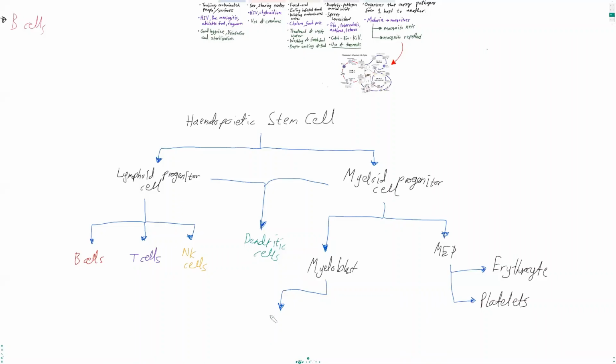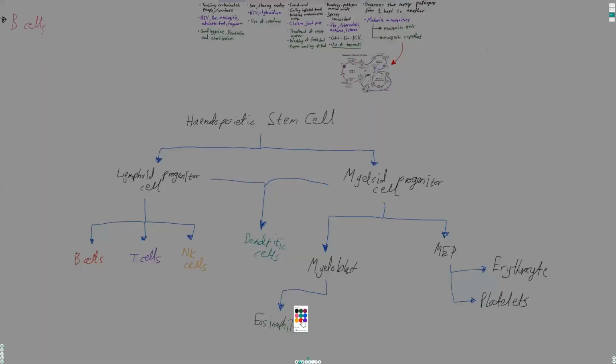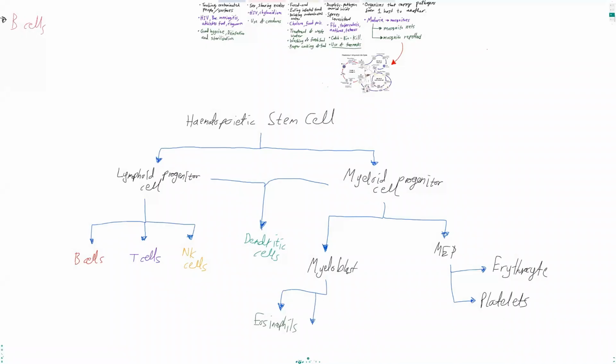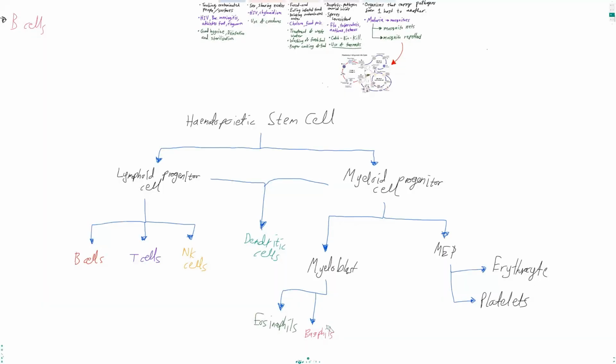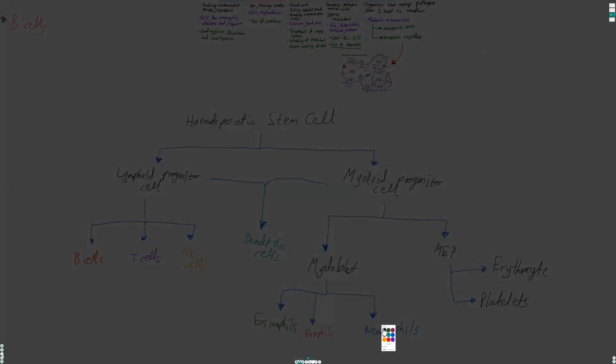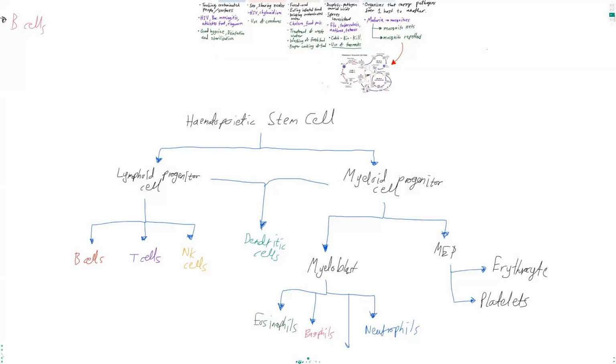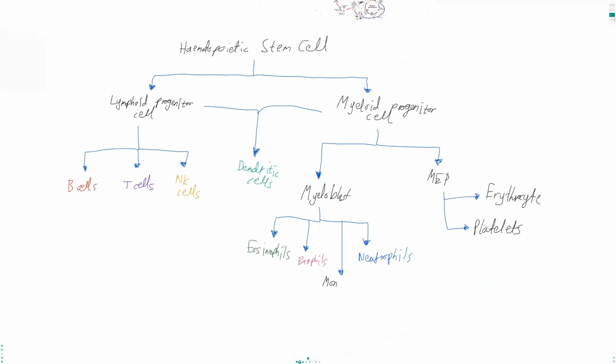The first one being eosinophils, the second one being basophils, the third one being neutrophils, and the last one being monocytes, which can further develop into macrophages.